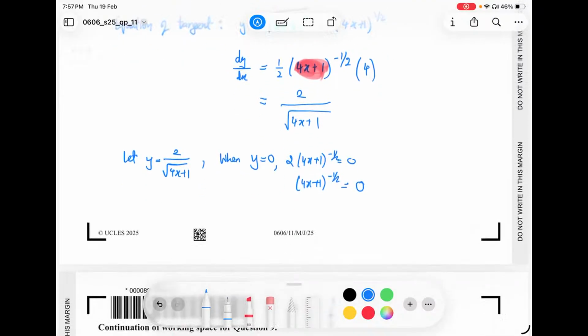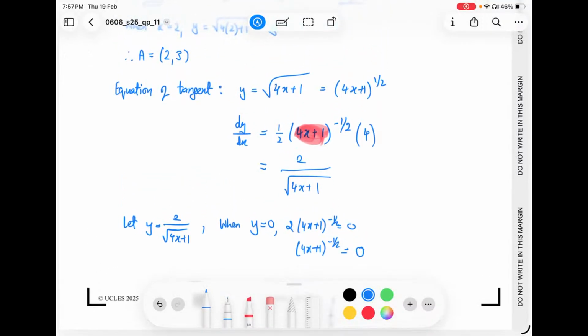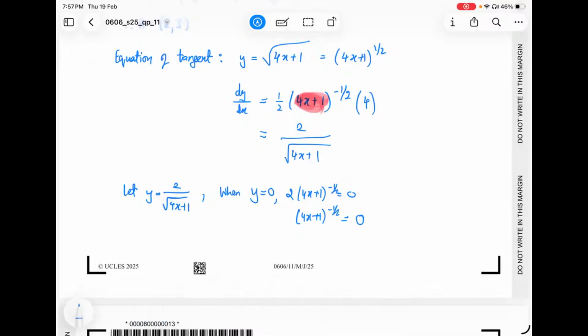Then we can bring the half to the other side. That's going to give you 4x plus 1 is equal to 0. x is going to be negative 1 over 4.